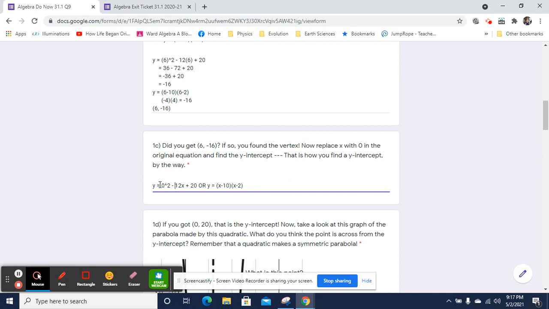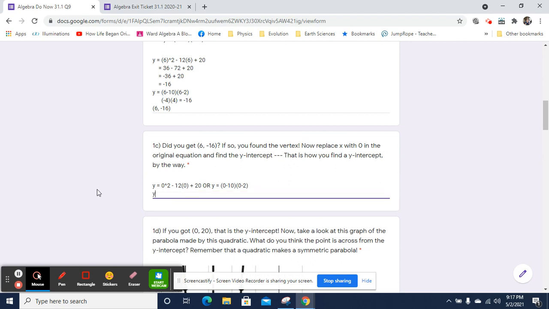that's 0 squared minus 12 times 0. Or I could be doing 0 minus 10 and 0 minus 2. So let's see where that takes us. So y here is going to equal 0 minus 0 plus 20.